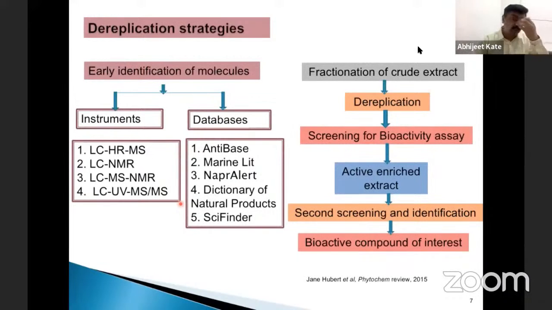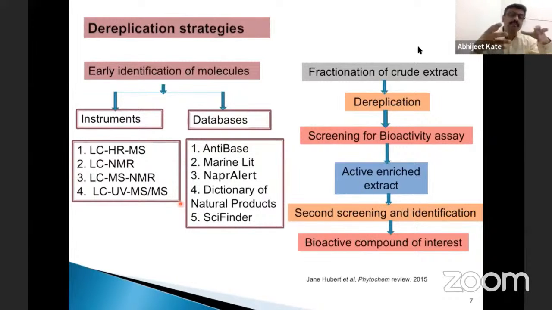Right? So, what are the different strategies, I would say? And what I mean by strategy, I just want to quickly give you a highlight. Like I said, it's the early identification of molecules using instruments like LCHRMS, LCNMR, LCMS and all.